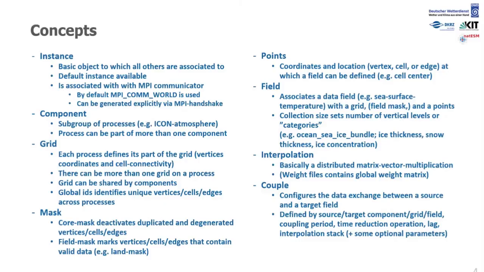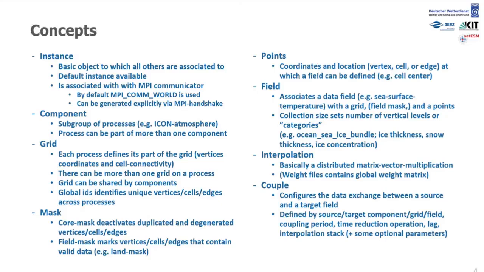In addition to the core mask, you can have a field mask. For example, the atmosphere component contains land, and the land fields are only obviously defined over land. So you can mask out, for example, the ocean cells. And while the core mask is defined per grid, the field mask can be defined per field or used by multiple fields.